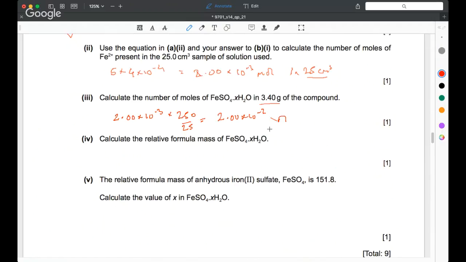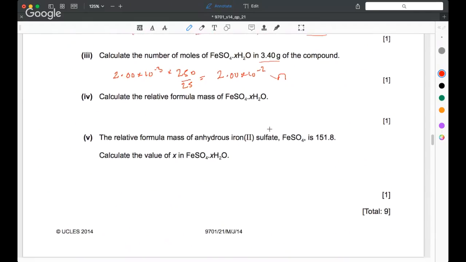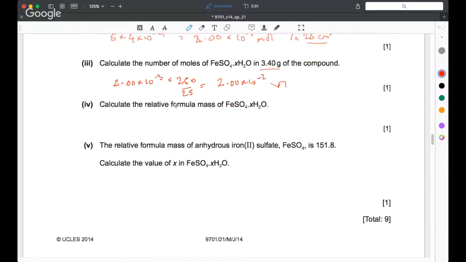Good, so they're really stepping us through this calculation here. So you've now got to calculate the relative formula mass for that. Now, relative formula mass is the equivalent of relative molecular mass for things that aren't molecules. This is the repeating unit in a giant lattice in an ionic compound. But the relative formula mass is unitless.